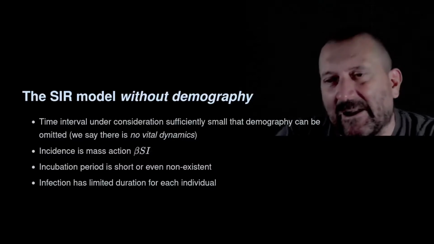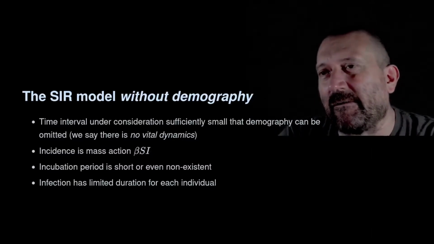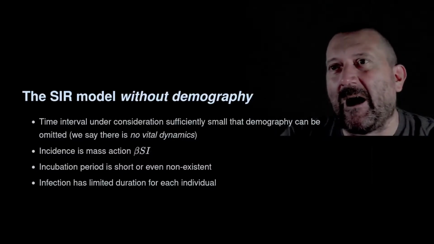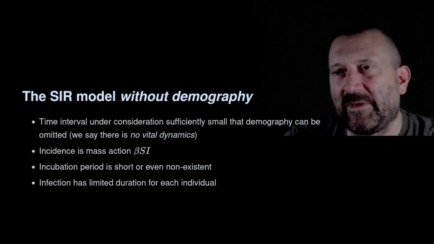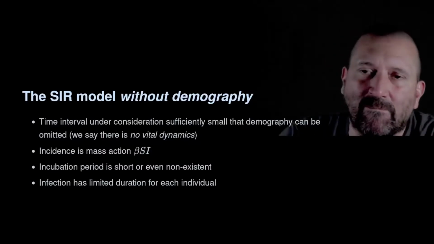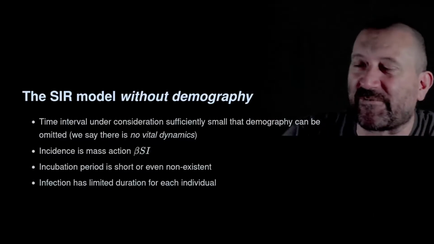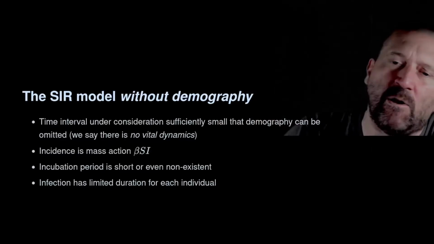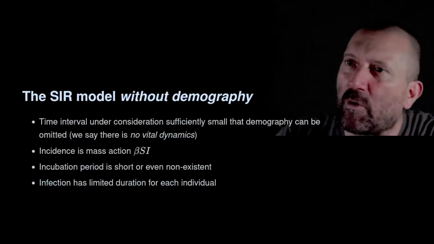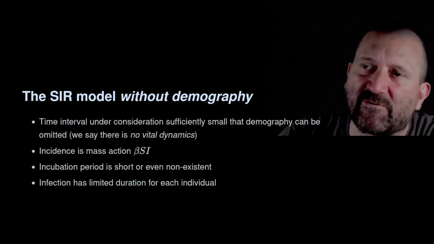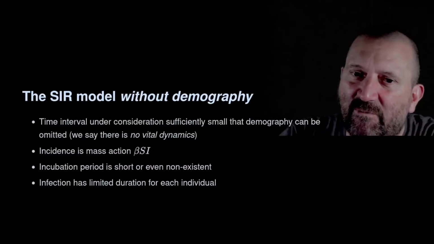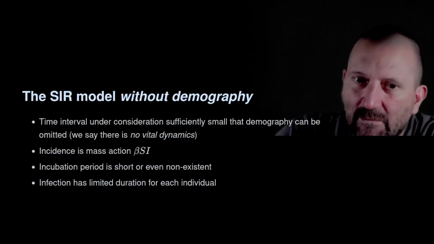It is valid in many contexts, okay? If you think about what's happening at a country level over a period of, let's say, 6 months, the numbers are not going to change. Of course, there are births and there are deaths, but overall, the global population of a country doesn't change that much over a 6-month period, for instance.